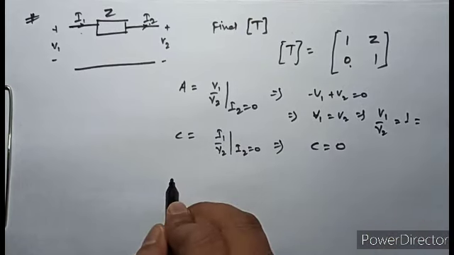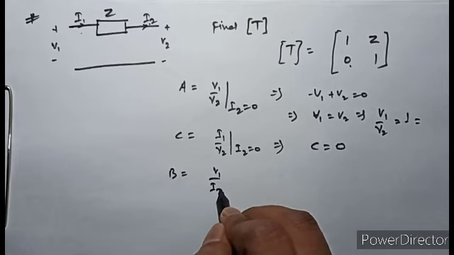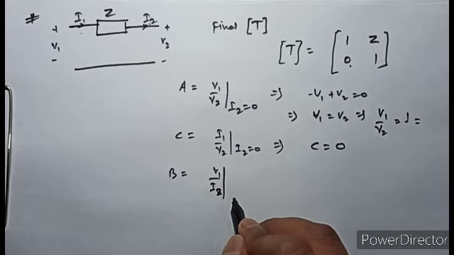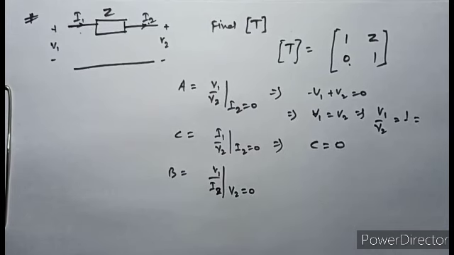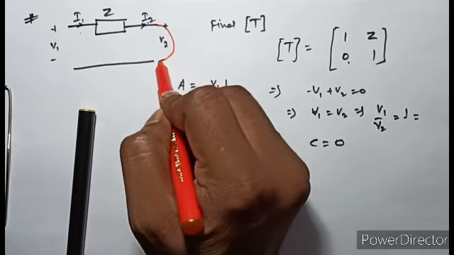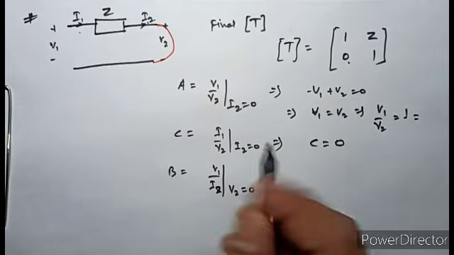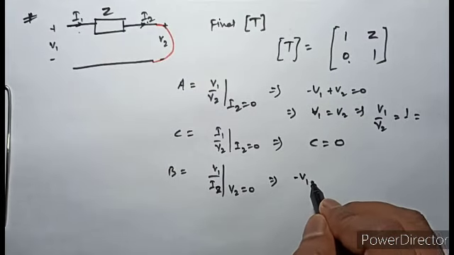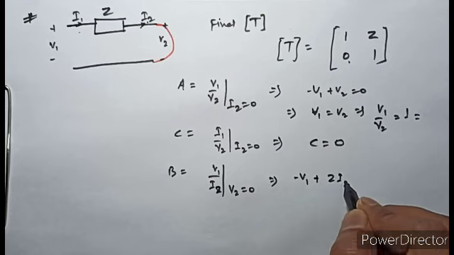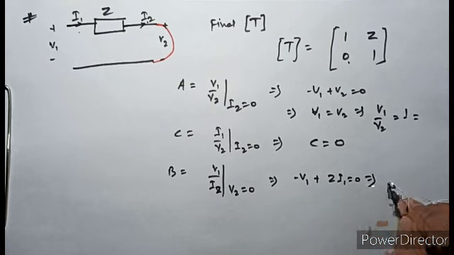Now what is our B parameter? Our B parameter is nothing but V1 by I2 when V2 is 0. Now see, if I make V2 as 0, means I short circuit this output port, writing KVL in this loop we will have minus V1 plus ZI1 is equal to 0, and since I1 is equal to I2, we can also write it as minus V1 plus ZI2 is equal to 0.